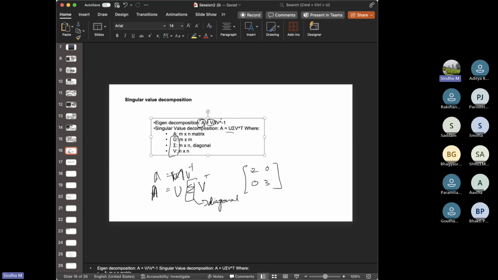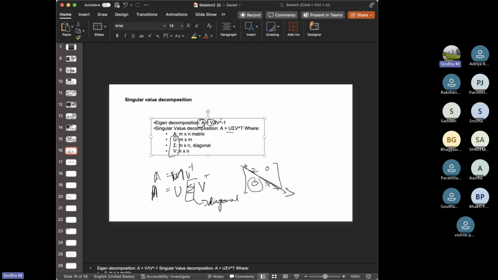So that is a diagonal matrix. So singular value decomposition means you have to write it in this form, where this will be a square matrix, this will be a diagonal matrix, and this will be another square matrix. So basically, you are breaking down a matrix into these and writing it in this form.